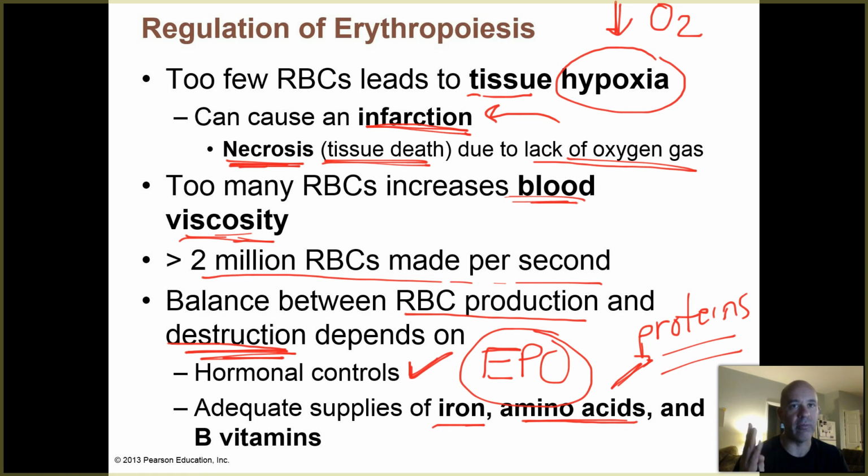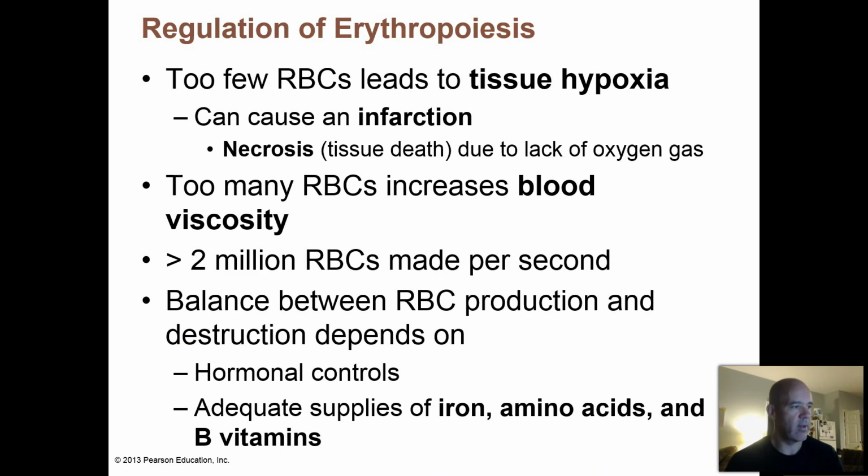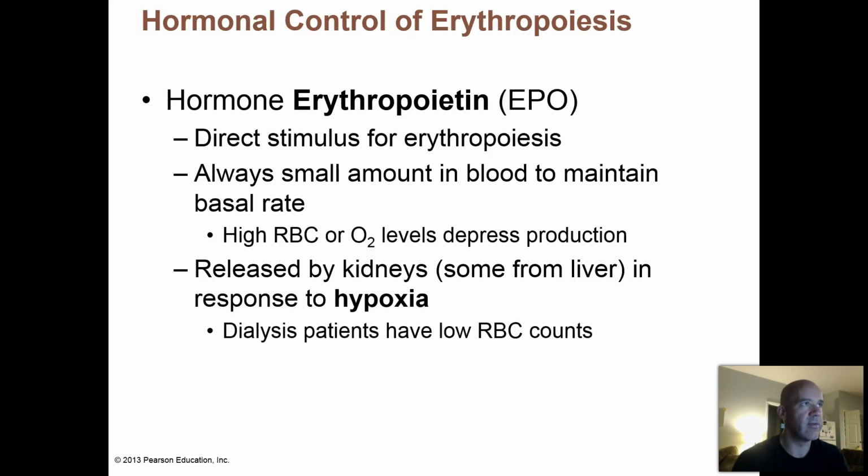Hemoglobin is composed of 4 proteins or polypeptide chains that are linked together, and that makes up the main housing portion for those hemes that actually bind the oxygen gas. You need B vitamins as well. B vitamins are important for synthesis that goes on to make all these red blood cells.